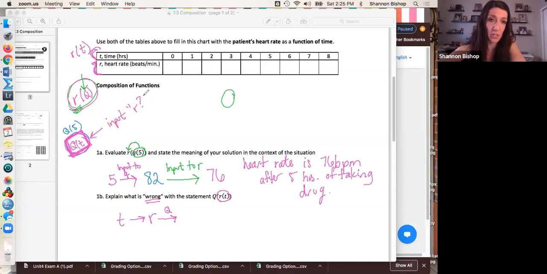Does that function say, hi, I'm the function Q, and I accept inputs of R? No. For that function to work, it has to be the drug as a function of time. It's not the drug as a function of heart rate. That's not a valid function.